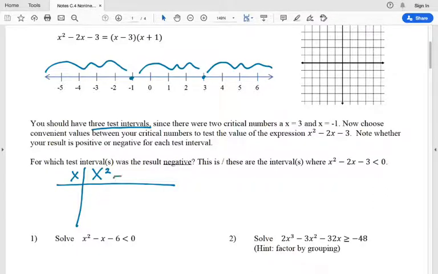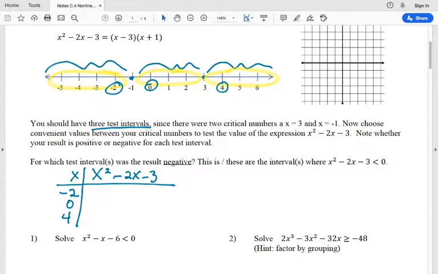I'm going to plug it into this polynomial. On the interval to the left of that x-intercept, I'm going to choose -2. On the interval between the two x-intercepts, I'm going to choose 0. It's just an easier one to plug in. And on the right-hand side of the last x-intercept, I'm going to choose 4.